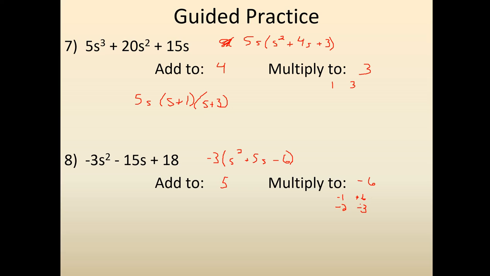So it's negative 1 and plus 6, negative 2 and plus 3. So from here, this is going to add to 5. This will add to 1. So my factor will end up being negative 3 s minus 1 times s plus 6.